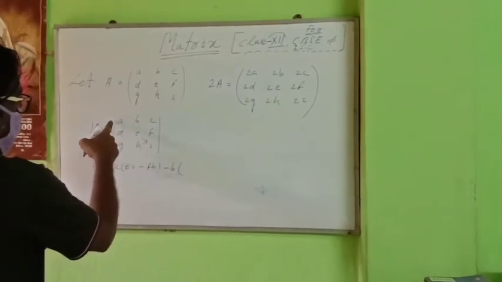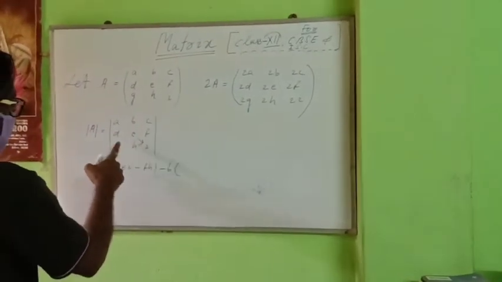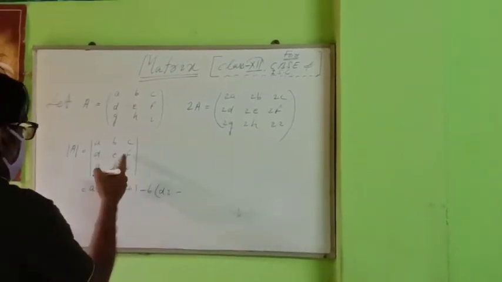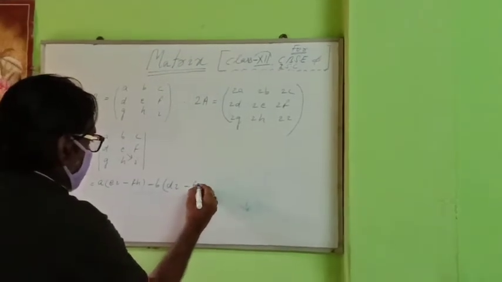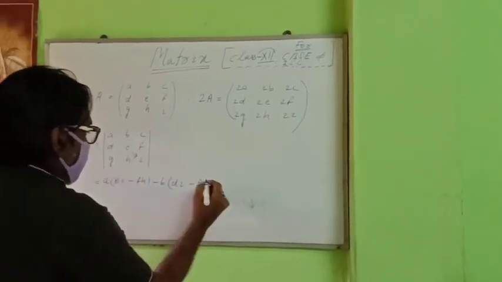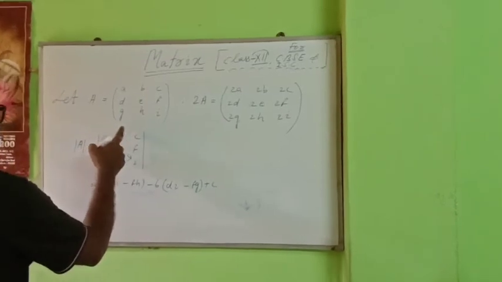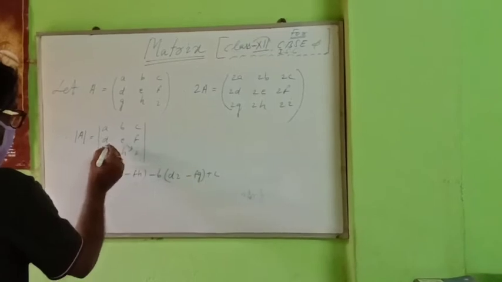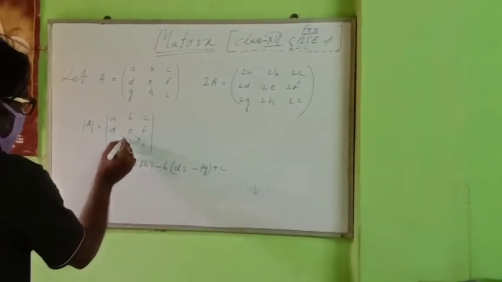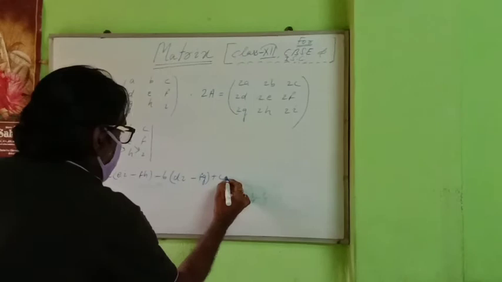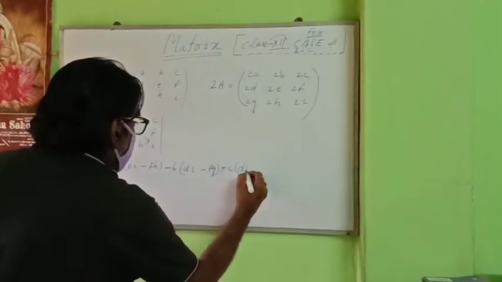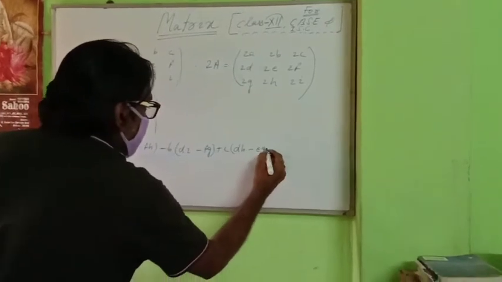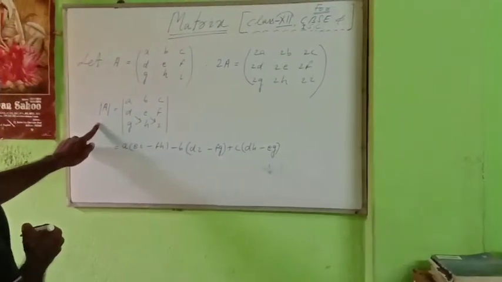Minus b means you have to omit this row and this column. Then di minus fg. Then plus c. Plus minus plus. c whole into, omit this row, omit this column, dh minus eg. This is the result of A determinant.